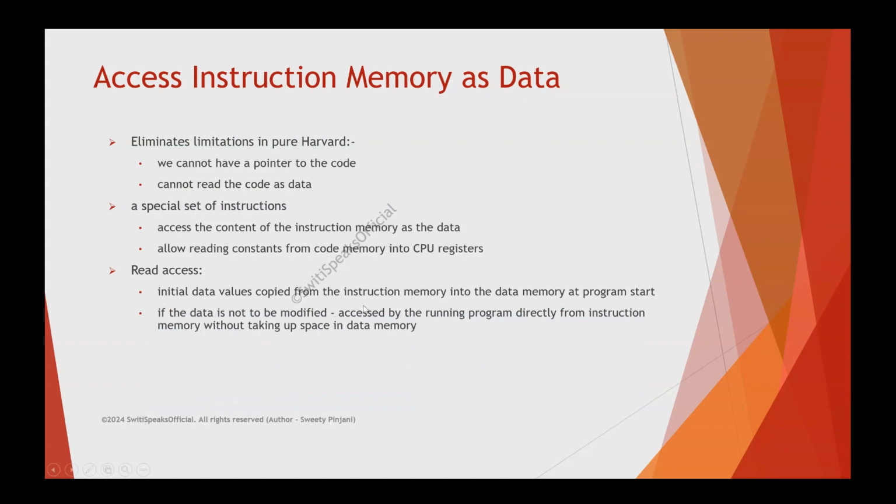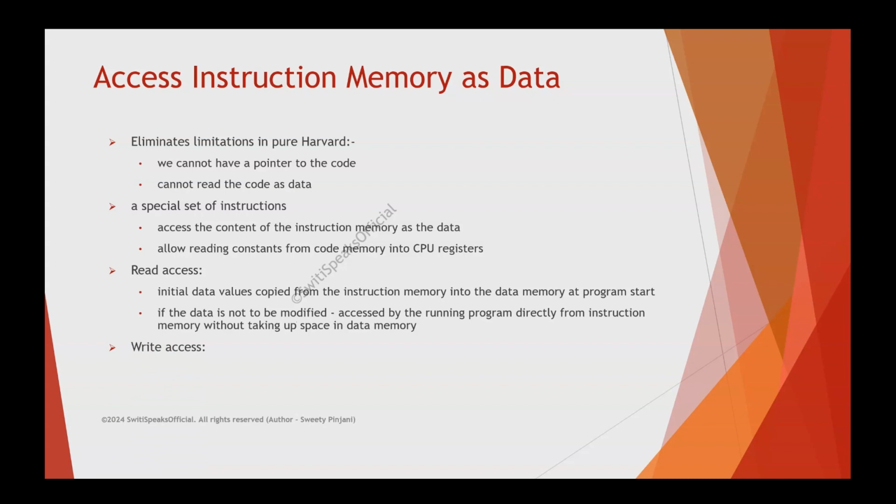If the data is not going to be modified, it can be accessed by the running program directly from instruction memory, because whatever data value is at the start of the program in the instruction memory, it will remain the same. So why should I use up data memory? No need to waste the data memory. I am going to use the data values in the instruction memory directly, thereby saving space in the data memory. Why? Because my data is going to remain constant, it's not going to be modified at all.